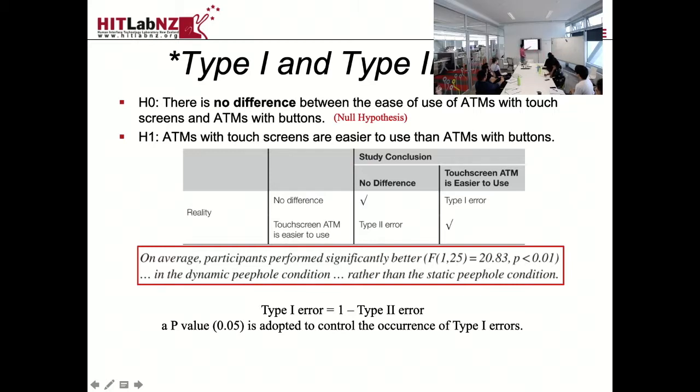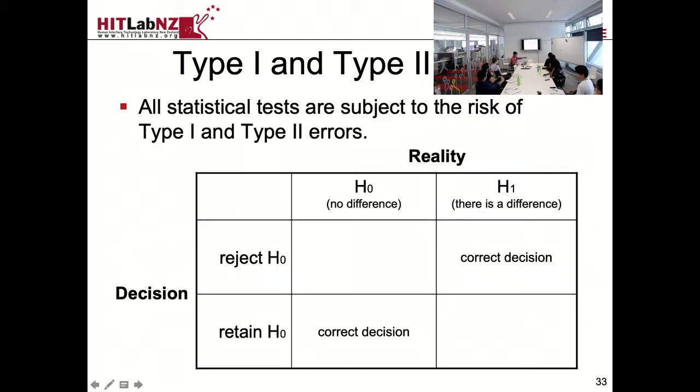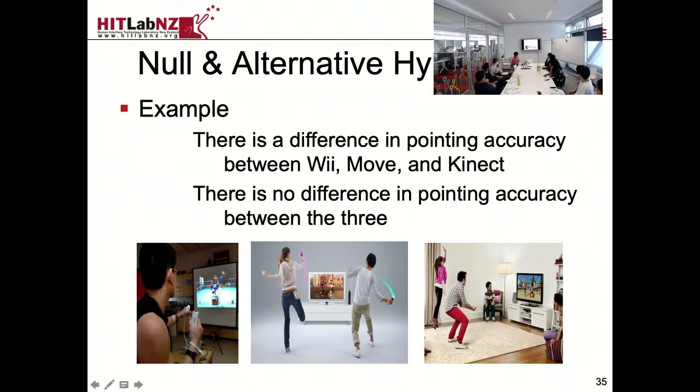You will also use this type of representation in your research design at the end, right? And then this one is a type 1, and this is a type 2 error. So let's see some example. What if there is a difference in pointing accuracy between the movement and the Kinect?